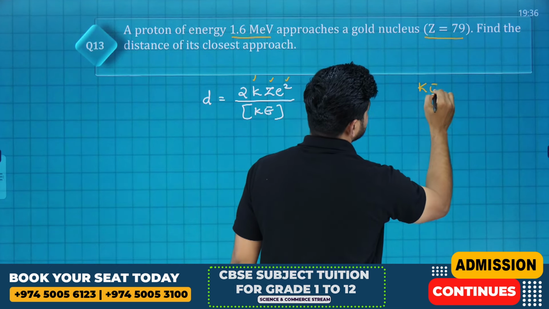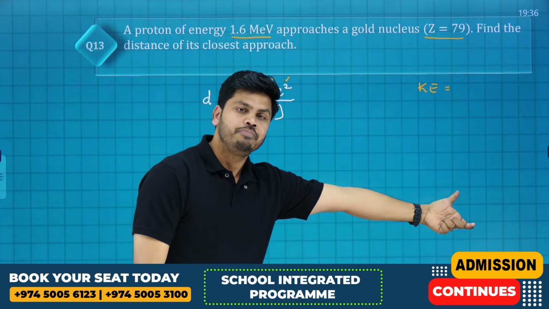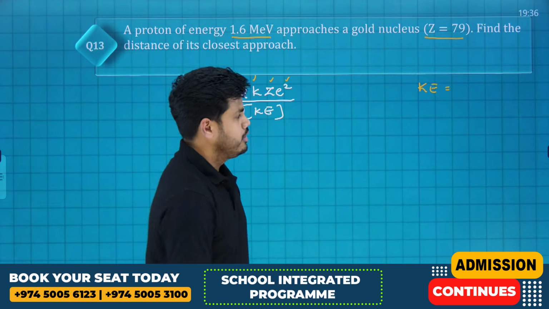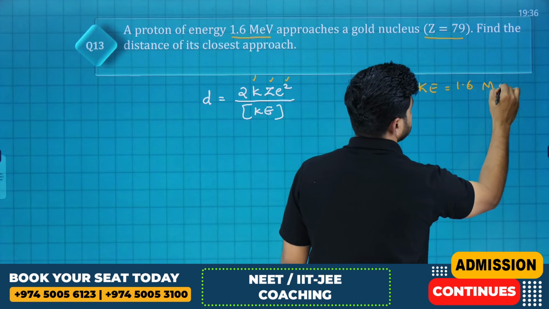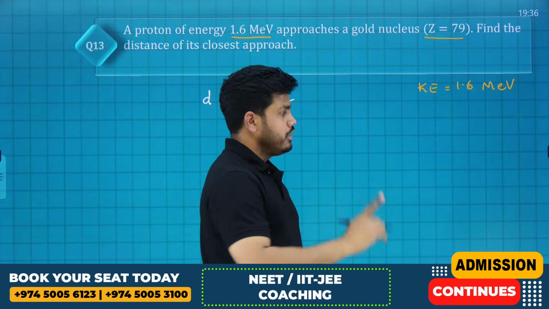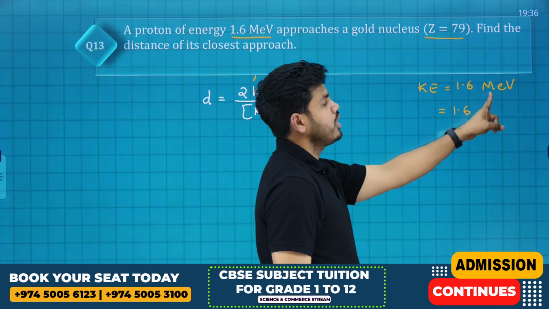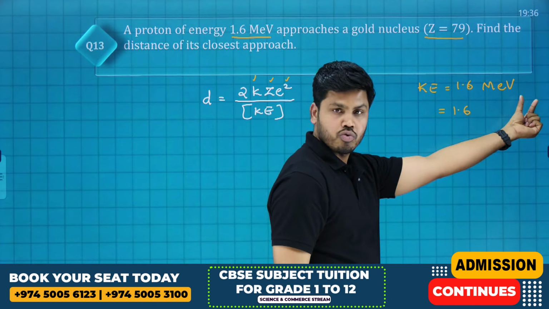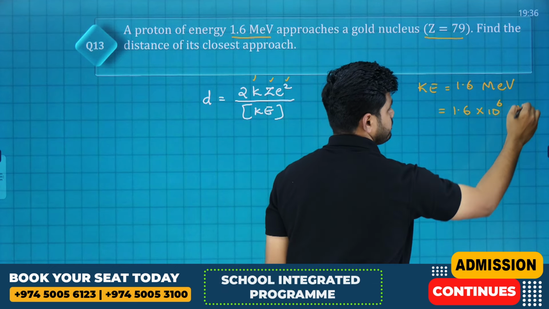Therefore, the given kinetic energy, which is in electron volt, should be converted to joules. First I will convert 1.6 MeV, mega electron volt, into electron volt: 10 raised to 6 electron volt.